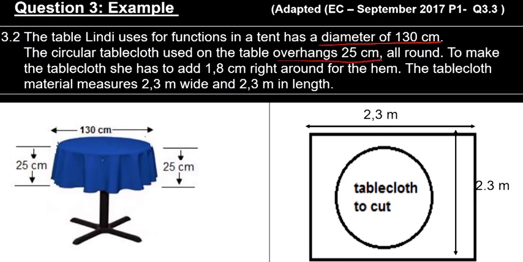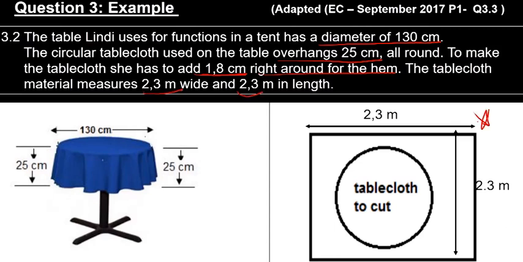It's like it overlaps all around. To make the tablecloth, she has to add something more, 1.8 centimeters right around for the hem. The tablecloth material measures 2.3 meters by 2.3 meters in length.